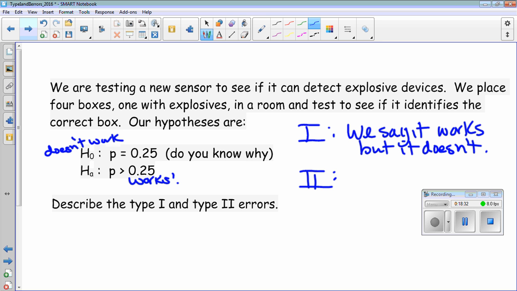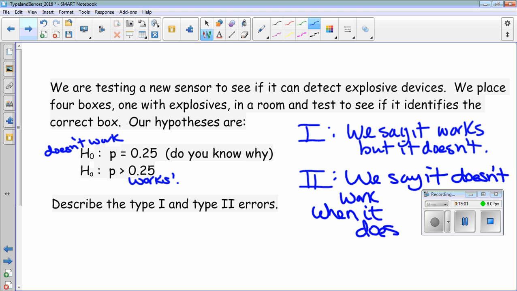How about a type 2 error? What's happening here? We don't reject it, but it's wrong. So we don't reject it, so we say it doesn't work when it actually does. What's the problem with that?